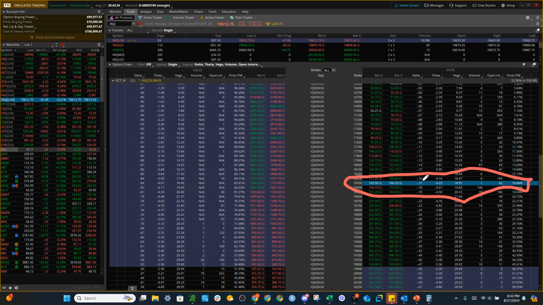If you look at these deltas here, we are within 16, 17 deltas. That's the probability of this option being in the money at expiration if you buy it right now. It goes hand in hand with deltas here. So 16%.